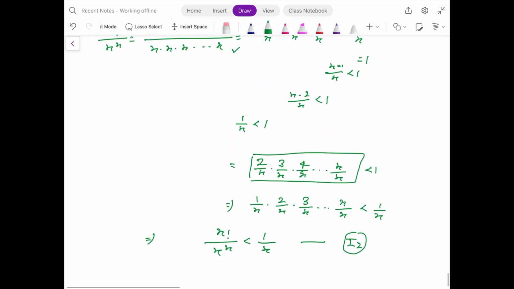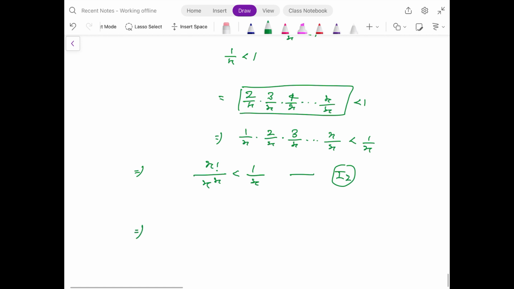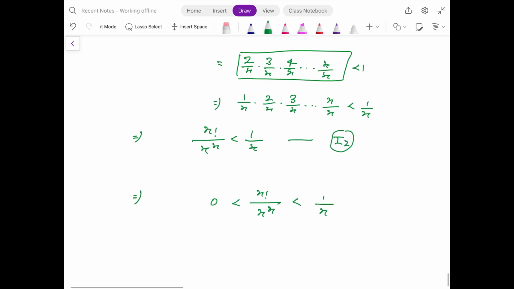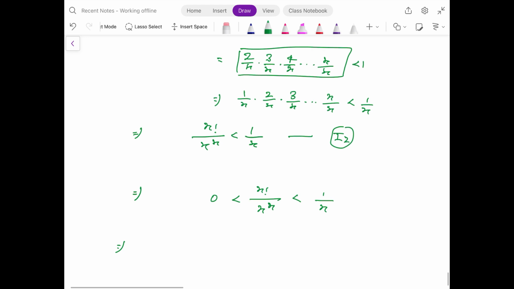If we compare inequality I1 and inequality I2, we have x factorial divided by x raised to x lying between 0 and 1 divided by x. Further, we use the sandwich theorem and apply the limit as x tends towards infinity in this inequality.